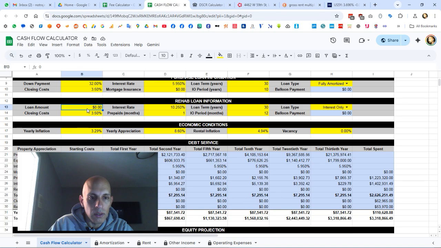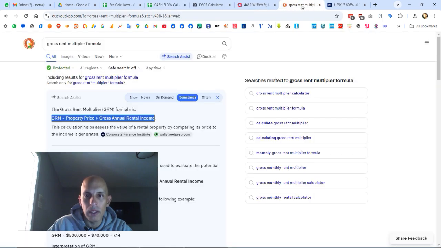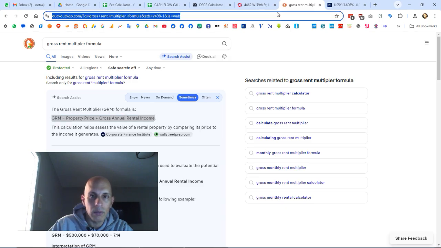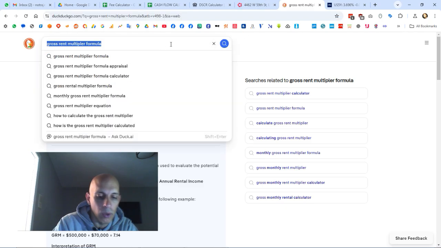Let's see here, loan amount, we don't need to worry about that because this is a rehab loan. We need to know economic conditions. So generally what I've been seeing on these websites is, well, let's show you. I'm going to guess that it's going to be between 4 to 6% annual appreciation up to 2026.